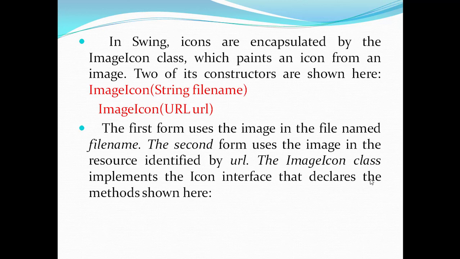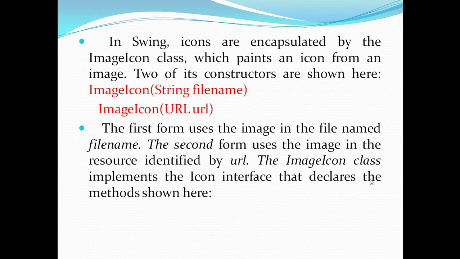Two of its constructors are shown here: ImageIcon(String filename), and the second constructor, ImageIcon(URL url), uniform resource locator, and its object URL. These are the two constructors provided for the ImageIcon class.